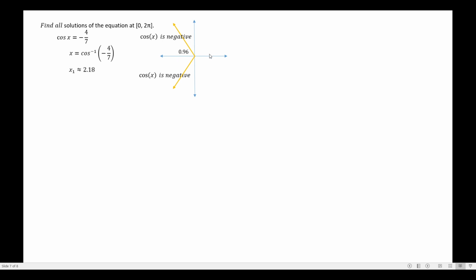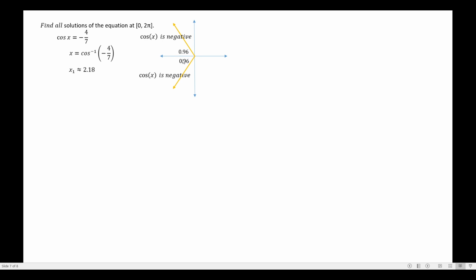That's pi, approximately 3.14. From the right side of this x-axis, moving to the terminal side here in the second quadrant is, according to the solution, approximately 2.18, and so the reference angle is approximately 0.96. It follows that this reference angle in the third quadrant is also 0.96.